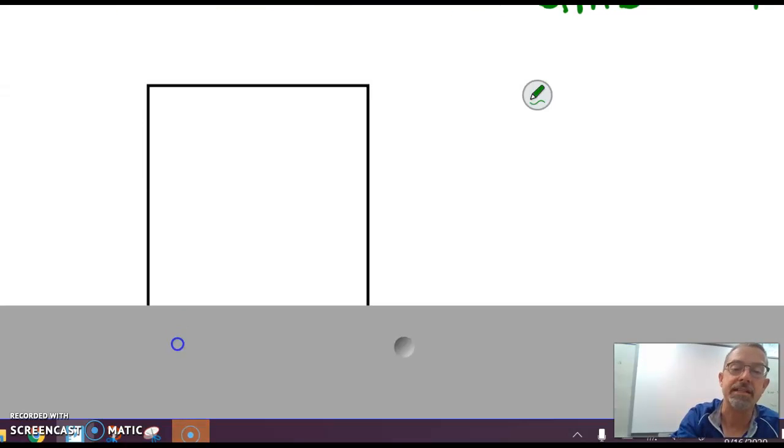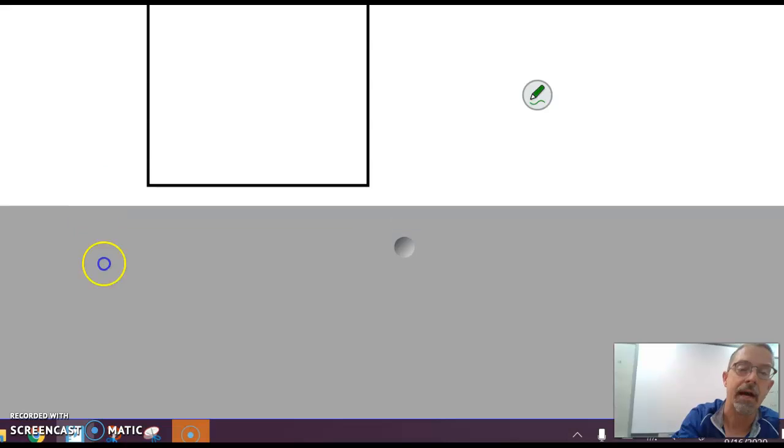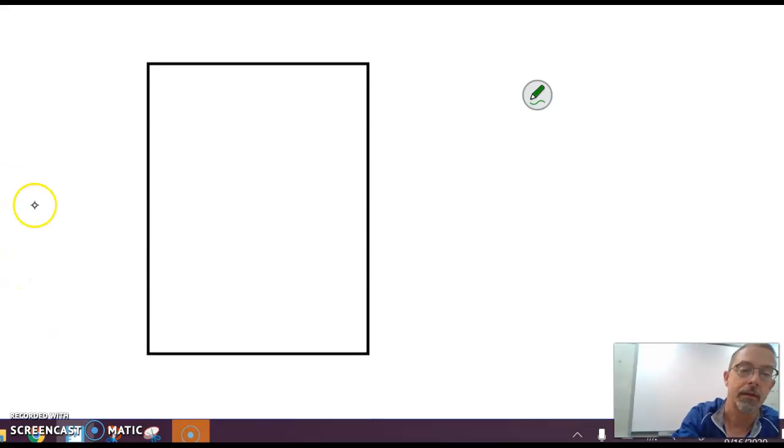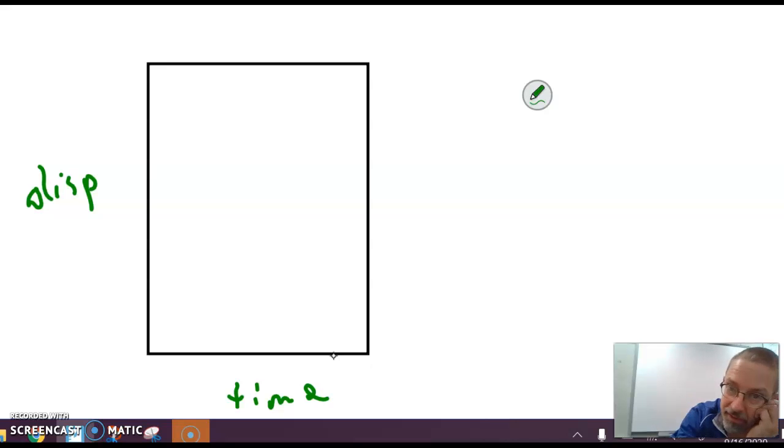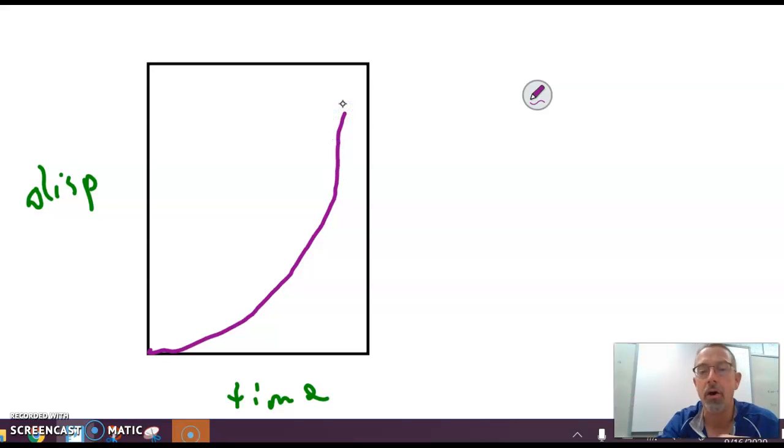But velocity does not have to be constant. Let's again write down displacement over here and time over here. What if my graph does this? Now my velocity is changing, and I can tell my velocity is changing because my slope is changing.